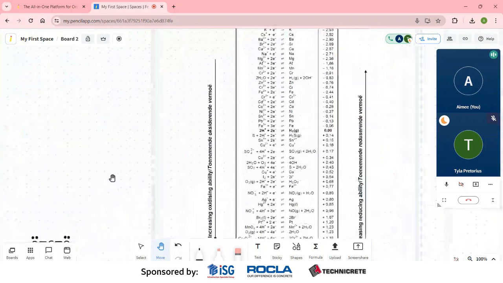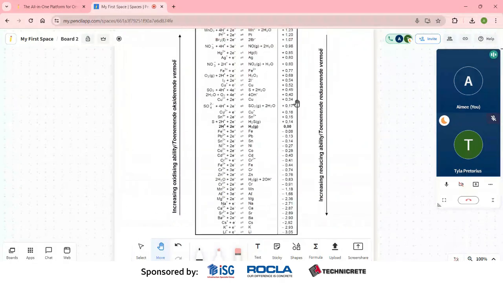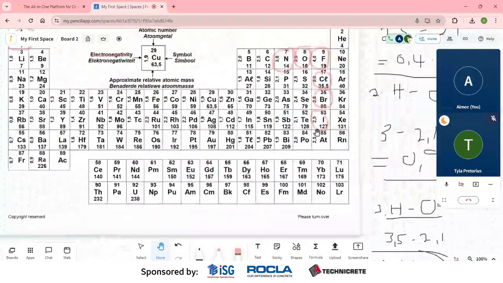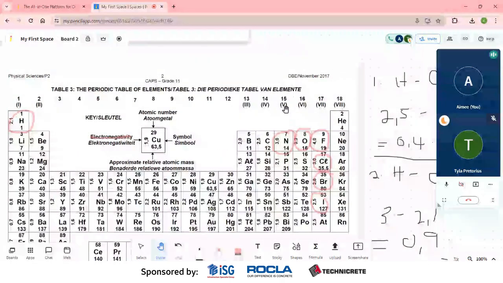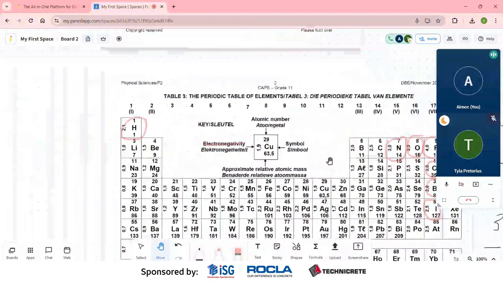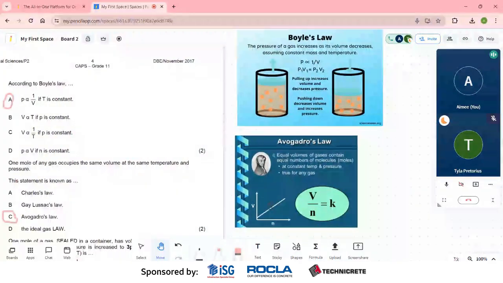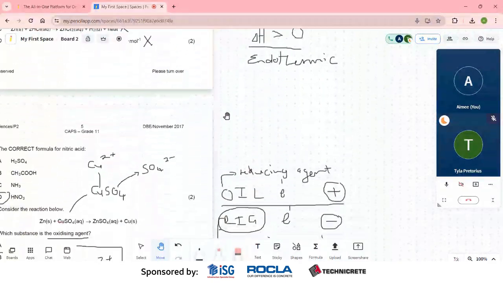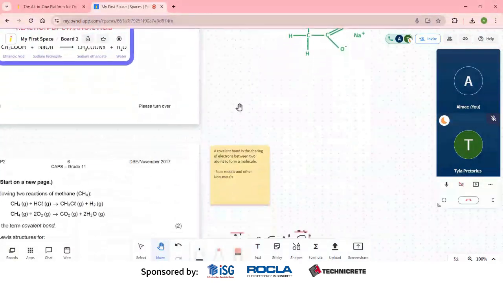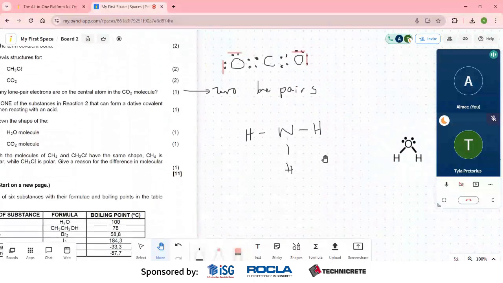I just want to go and check how many valence electrons nitrogen has. Nitrogen is in group 5, or group 15, which means according to the Roman numeral, it's got 5 valence electrons. So let's see. 1, 2, 3, 4, 5. Perfect.